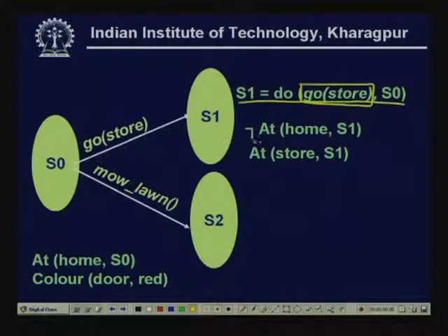So this is the effect of the action go store, not at home and at store. This proposition color door red is not affected by this action go store. So if color door red holds in situation S0, it will continue to hold in the situation S1.